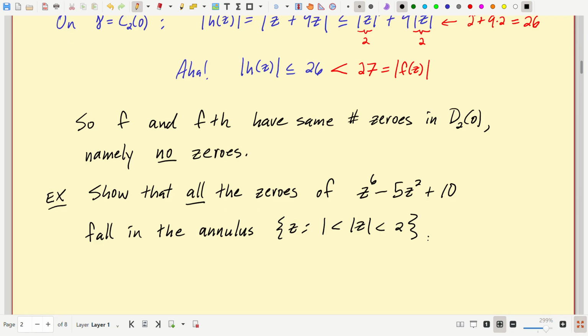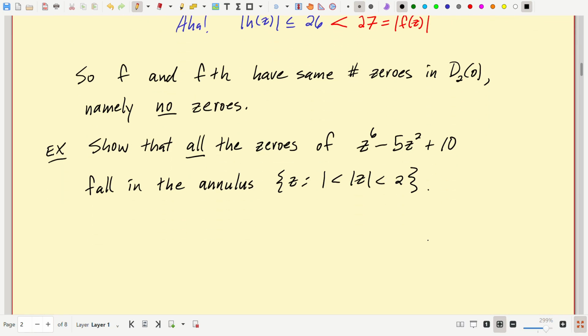First thing to note is that by the fundamental theorem of algebra, that thing has a total of 6 zeros in the complex plane.